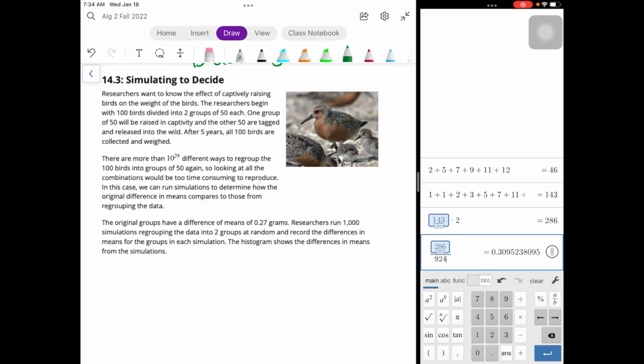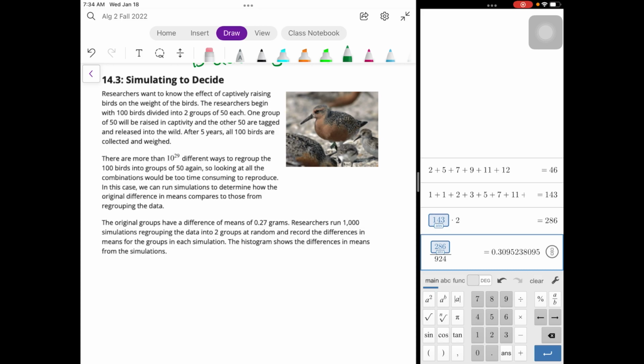In this case, we run simulations to determine how the original difference in means compares to those from regrouping the data. The original groups have a difference of means of 0.27 grams. Researchers run 1,000 simulations, regrouping the data into two groups at random, and record the differences in means for the groups in each simulation.